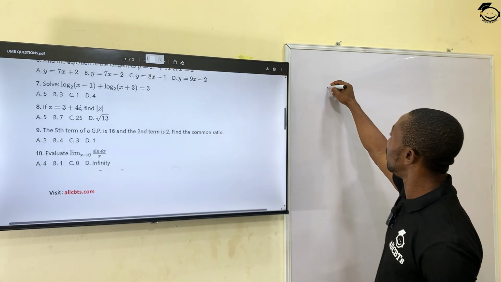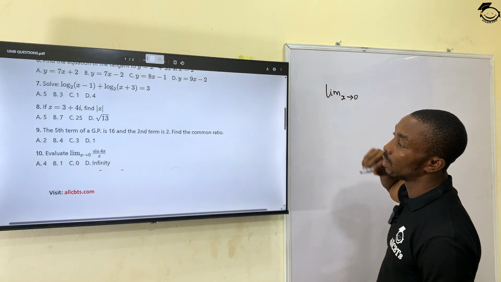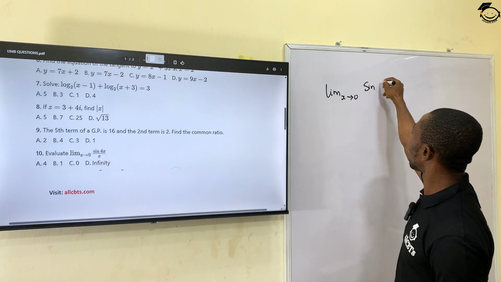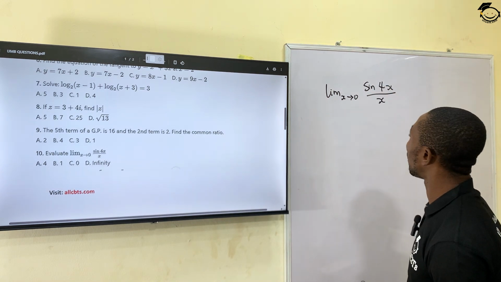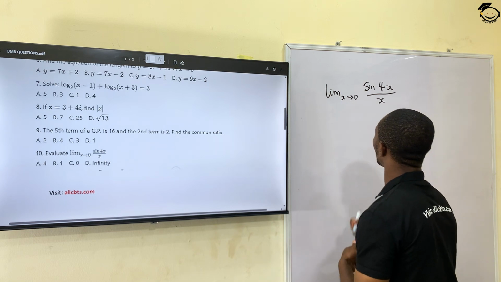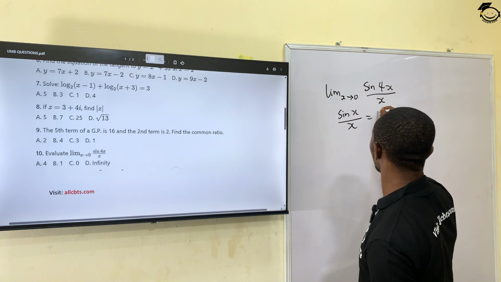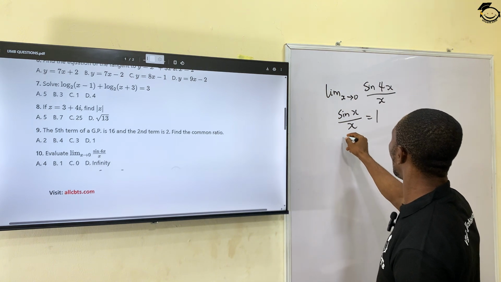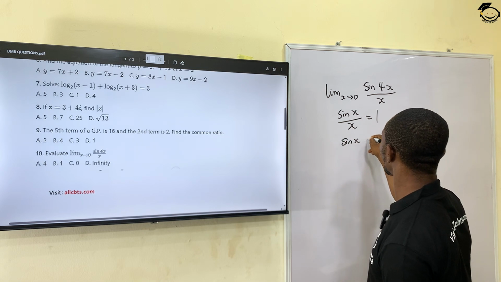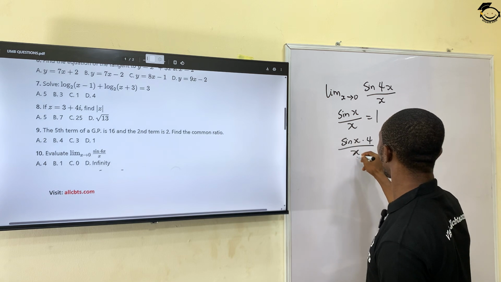Evaluate the limit as x tends towards 0 of sine 4x over x. Now, using our identity limit, we know that sine x over x equals 1. So we can separate this to have sine x times 4 all over x.